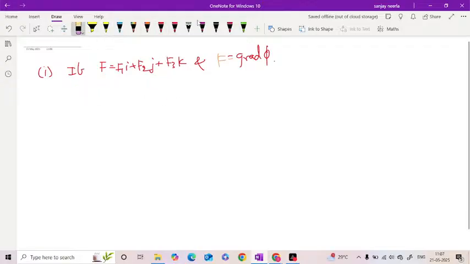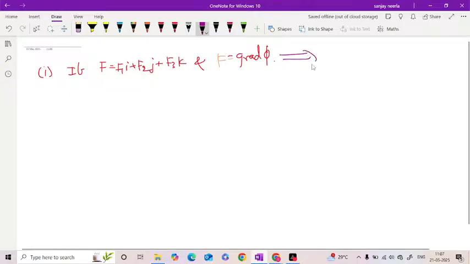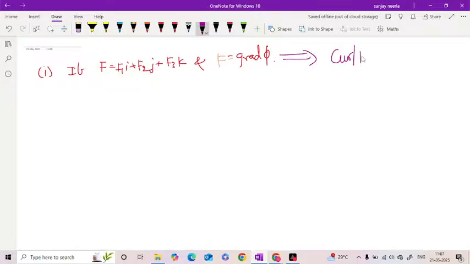Yes, the curl of F must be 0. That means F must be an irrotational vector function or vector field.